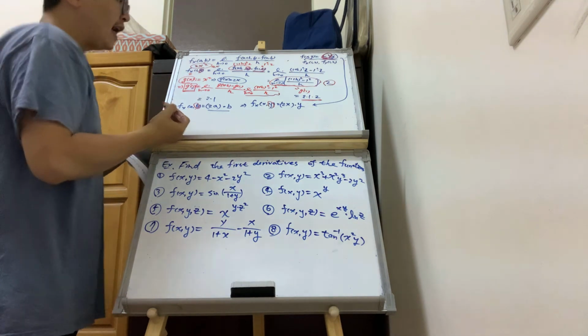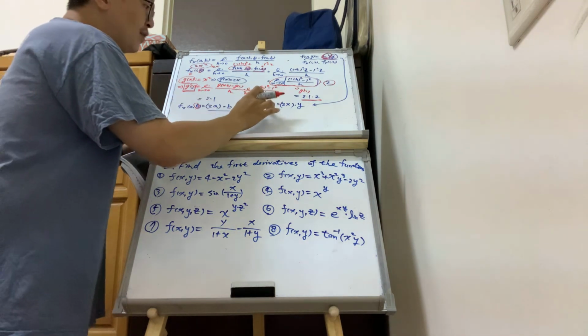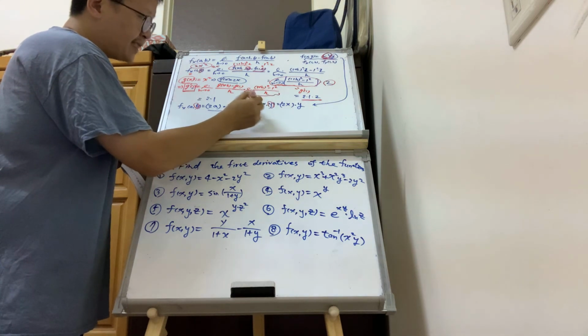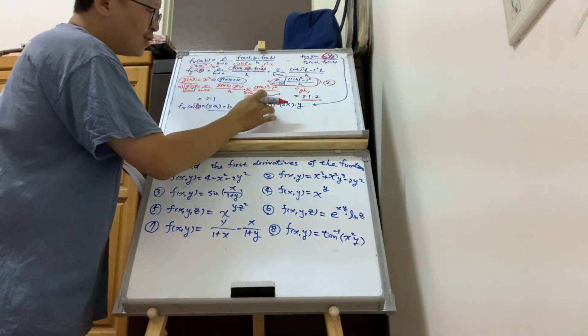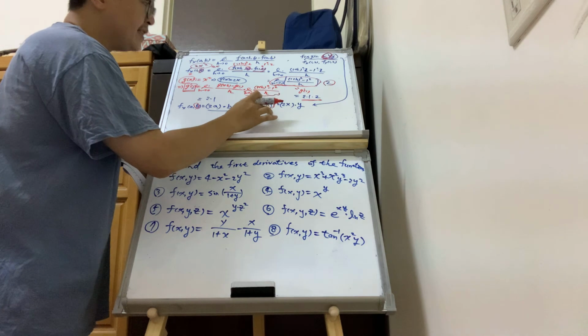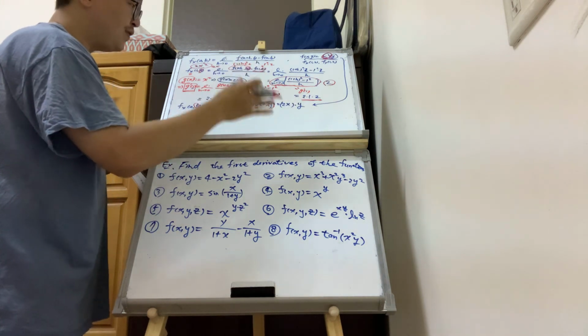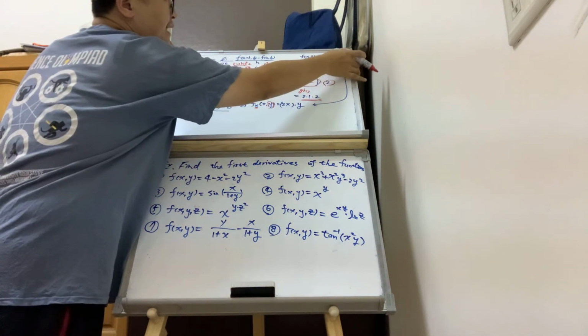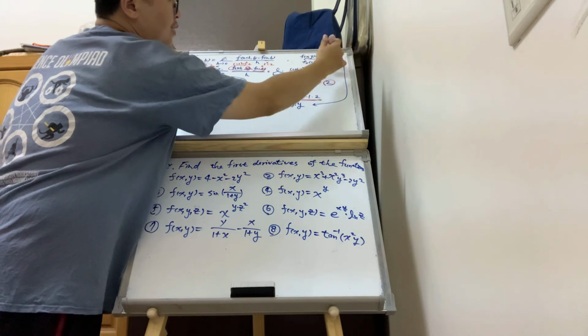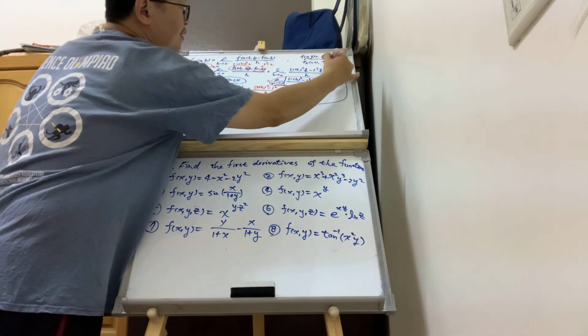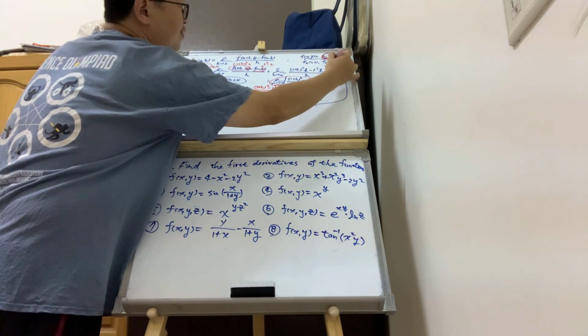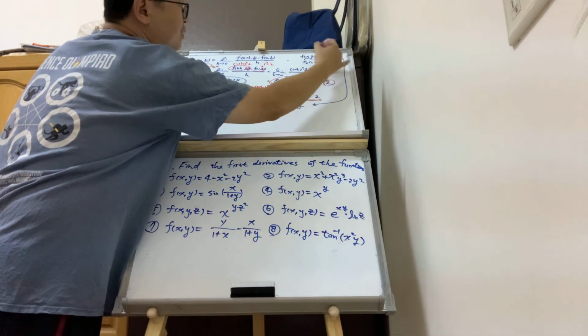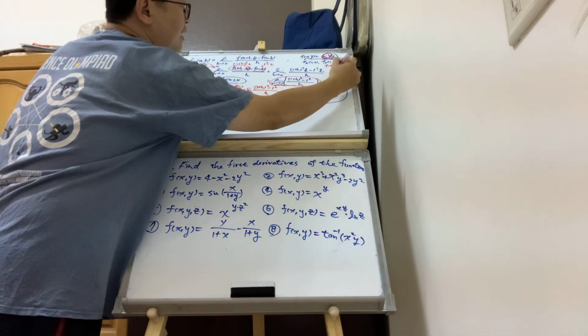Okay. So when the variable is x, the value y is a constant. We fix it, so you could view it as a constant. For example, we replace y by b, so it's x squared times b.